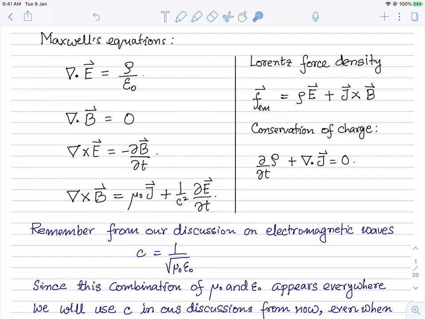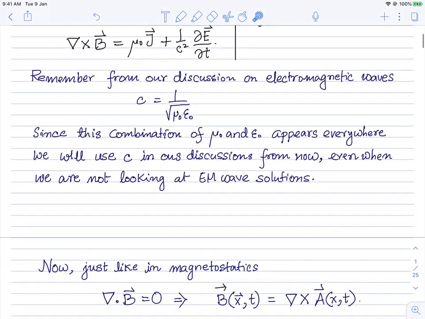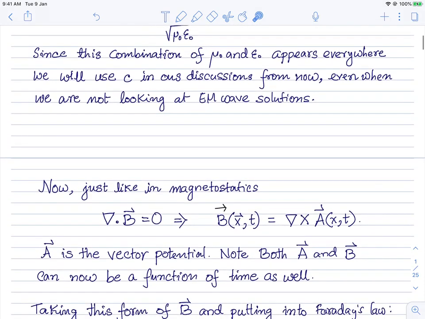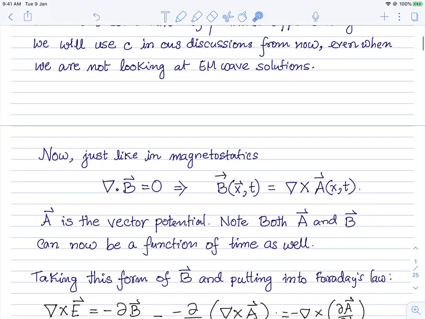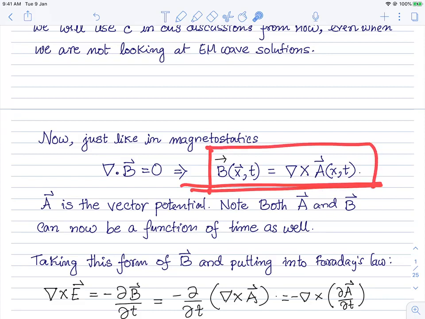In order to solve this set of equations, the first step that we took was to introduce the idea of the scalar and vector potential. We looked at the Maxwell's equation which tells us that the divergence of the magnetic field is equal to 0. This equation immediately tells us that the magnetic field can be written in terms of the curl of a vector potential.